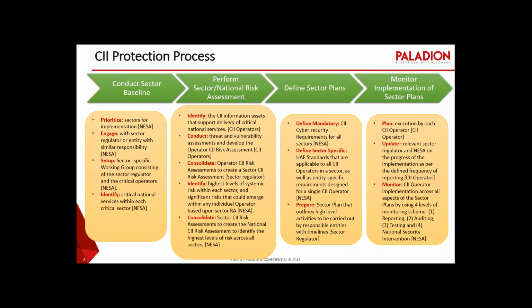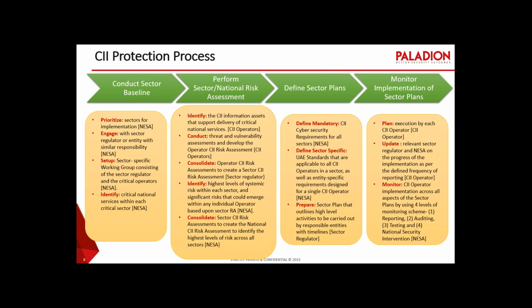And then NESA forms sector-specific working groups, which are a combination of the entities and the sector regulator. The sector-specific working group would work towards identifying the critical national services. So if it's the banking sector, then the banks would form a sector-specific working group, and this group will identify the critical banking services that are provided by the banks in UAE, and that will become a taxonomy of critical national services for banks.